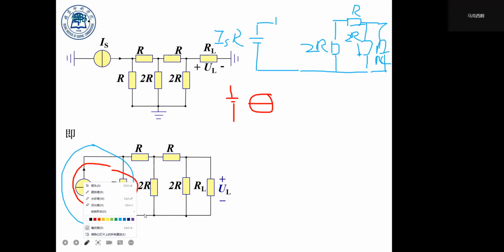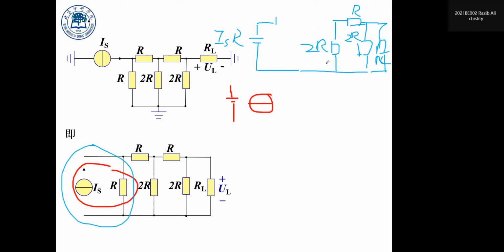A student asks: Please explain it again. Which part? The previous one. Which part do you not understand? The two resistances.